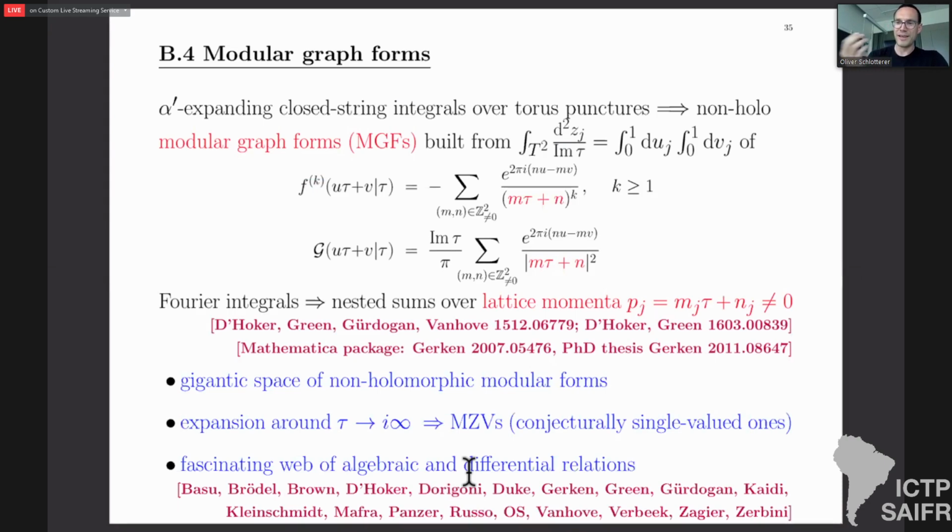This is one of the many reasons that this is an exciting subject to, say, classify the independent modular graph forms. And further crucial properties are that their Fourier expansion involves multiple zeta values. To the best of what we know, it's just the single valued ones. And since we are dealing with non-holomorphic modular forms, you can expect a really vast space of them, because it's only in the holomorphic world that the modular forms are easy to count.